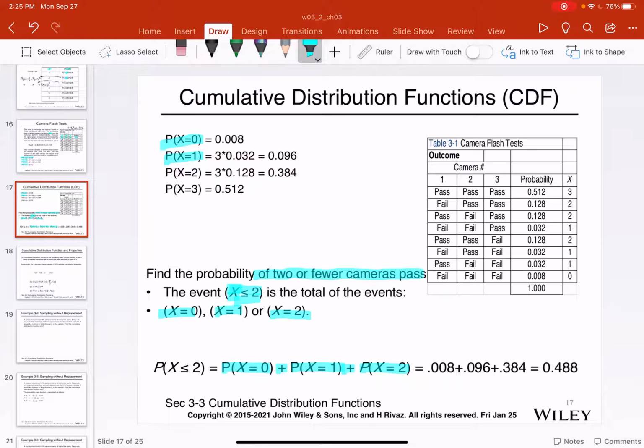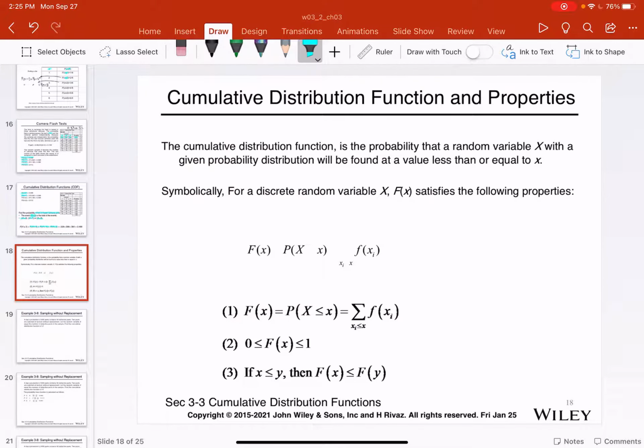Okay, so now that we saw an example, we can formally look at the CDF and its properties. Symbolically, for a discrete random variable X, we denote the CDF as capital F, right? It's quite like your calculus, where the integral is usually denoted with a capital letter.